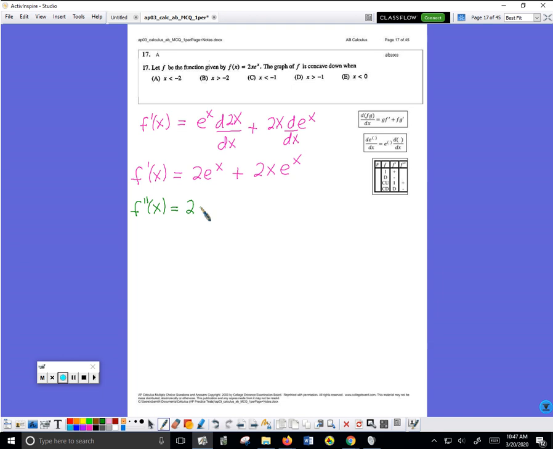The derivative of e to the x is just e to the x. Don't be on autopilot, always think as you go. I need the derivative of this, but I just found the derivative of this because that's what I started with. So this is the derivative of 2x e to the x.